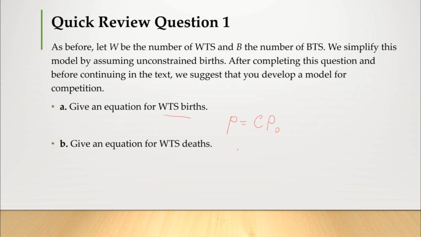The death equation, let's write it as D is equal to, nothing but it will be proportional to the multiplication of the B population and the W population, which is the black tip sharks population multiplied by the white tip sharks population. So again, the death equation is equal to a constant times BW, right?